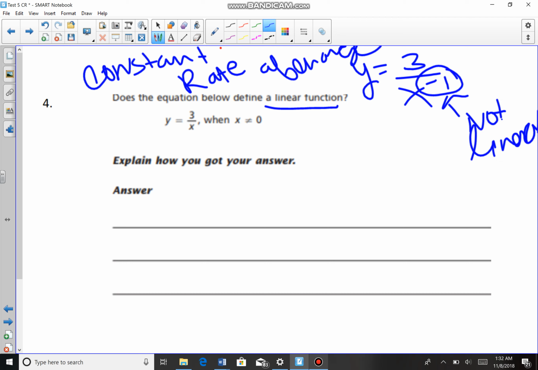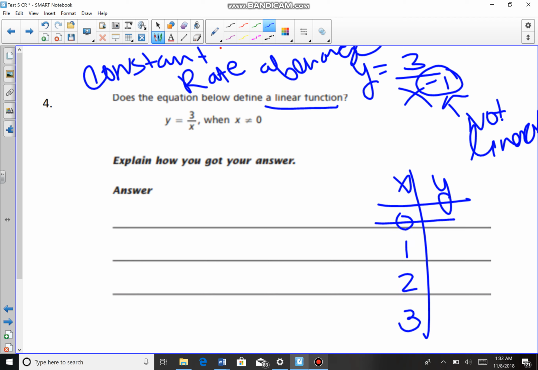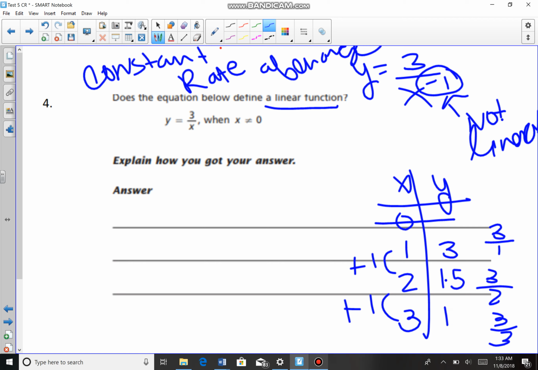I can also create a table of values to see if, as x increases by 1, and x cannot be 0 in this case, as x increases by 1, does y show a consistent pattern? So 3 over 1 is going to give me 3. 3 over 2 gives me 1.5. And 3 over 3 using the equation gives me 1.